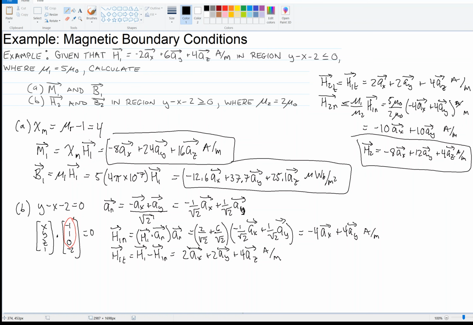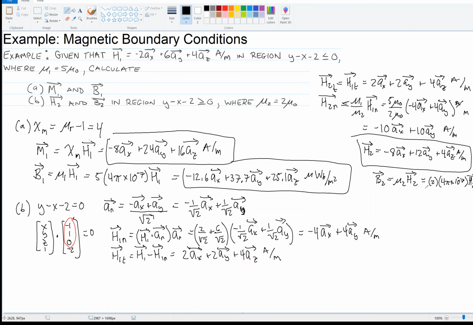That's the field intensity. And then finally, I need the flux density there in the second material. So how do I get that? Well, that's just mu2, the permeability in material 2, times the field in material 2. Right, so that is 2, the relative permeability, which is given in the problem, times mu0, which is 4 pi times 10 to the minus 7, times h2.